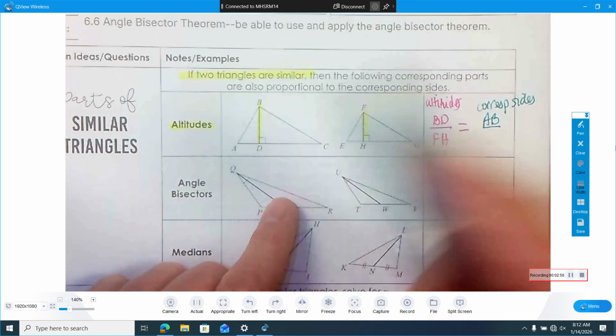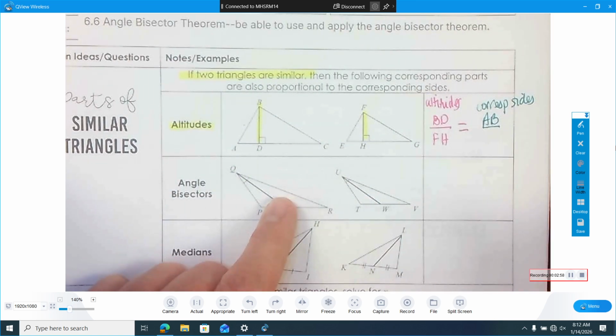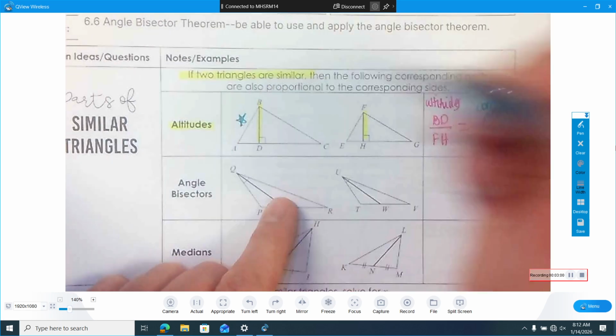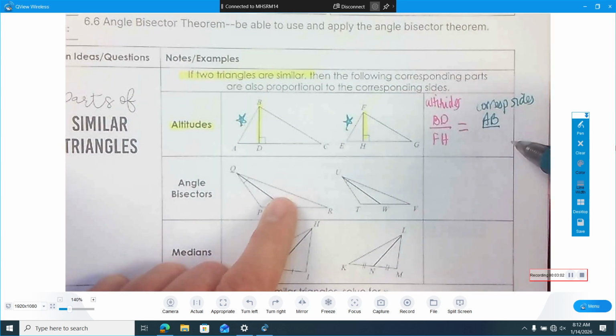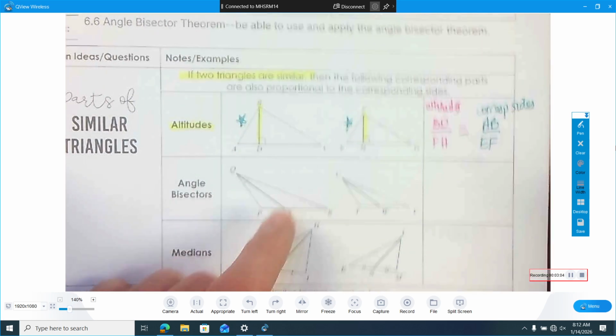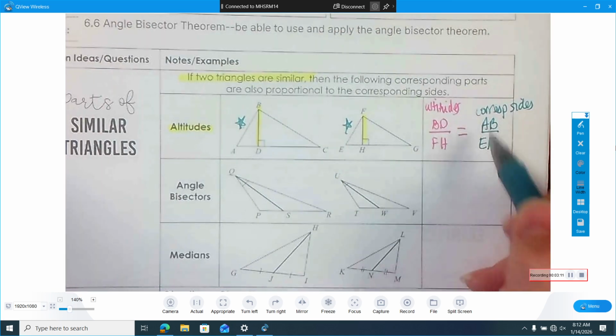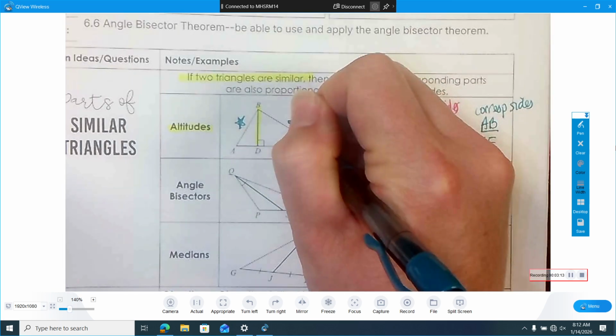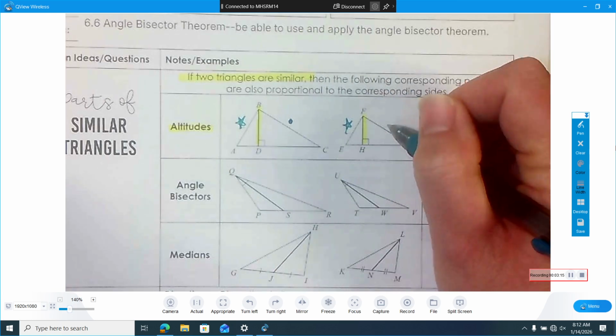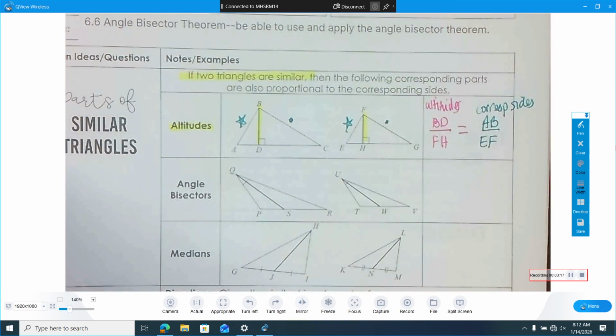What's its corresponding side? Side AB over side EF would be a valid proportion. It's kind of interesting, and I can use any pair of sides. Not only could I use AB over EF, I could also use BC over FG. Because they're similar triangles, I can pick any pair of corresponding sides.